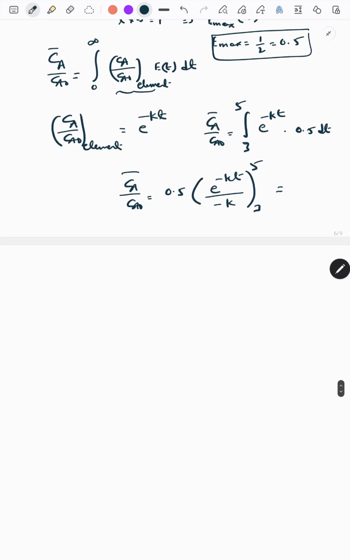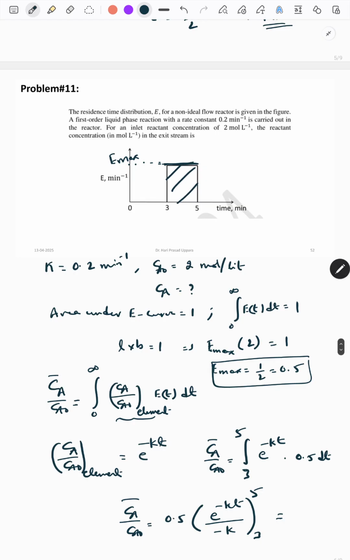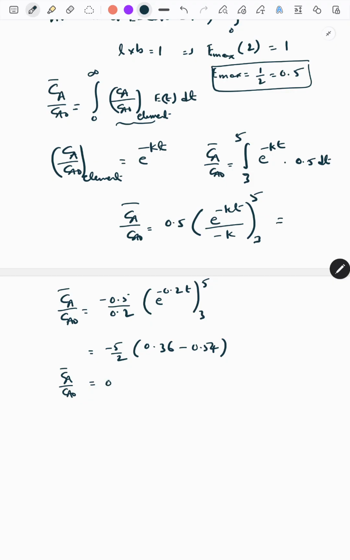Now I will simplify this. Ca bar by Ca0 is equal to, taking out the rate constant k value, which is given as 0.2, 0.5 divided by 0.2 and then e power minus 0.2 into t over the limits 3 to 5. If I solve this by applying the limits, then I will get Ca bar by Ca0 is equal to 0.45.